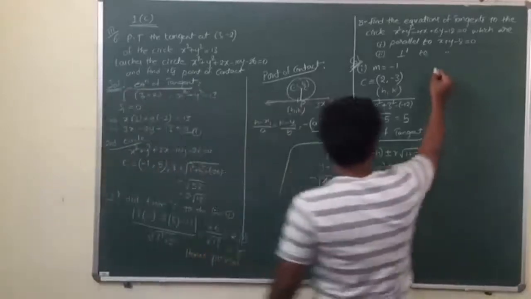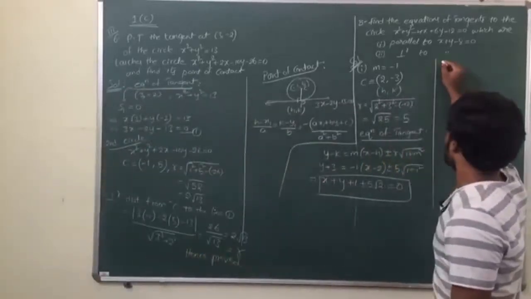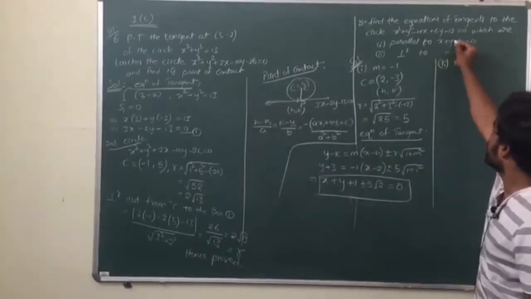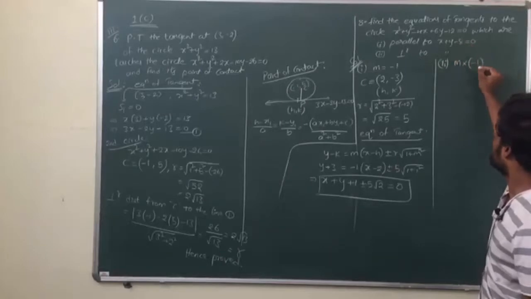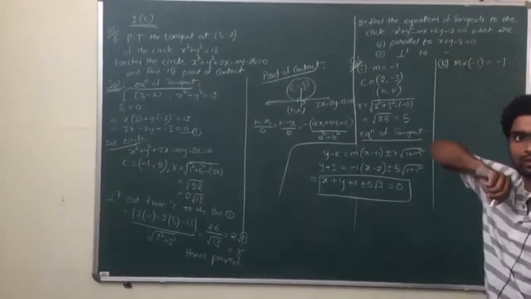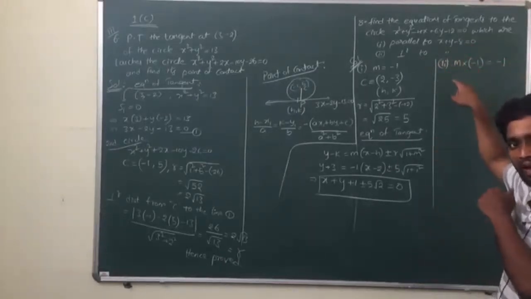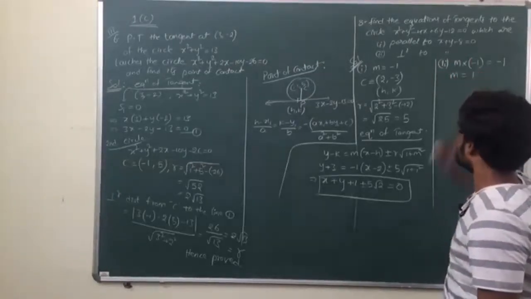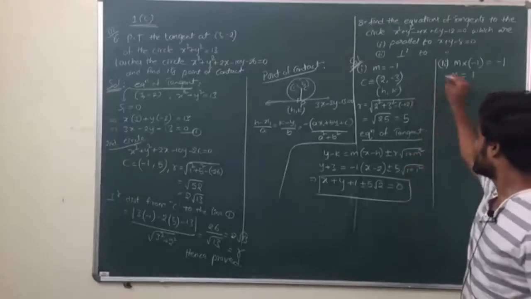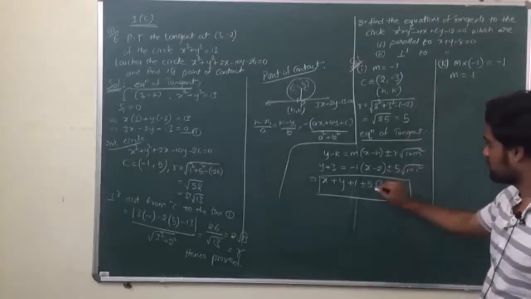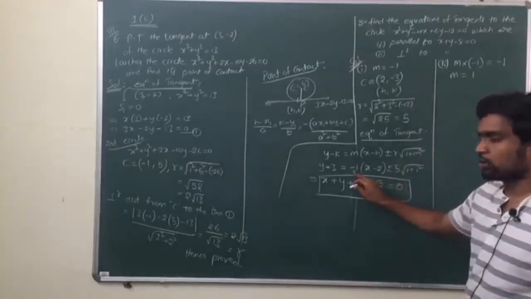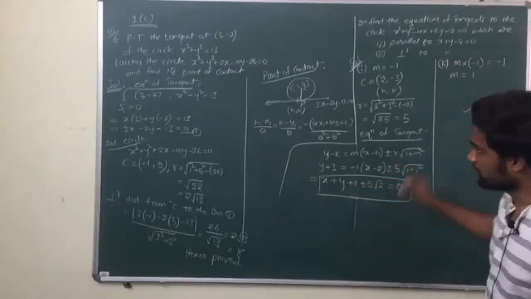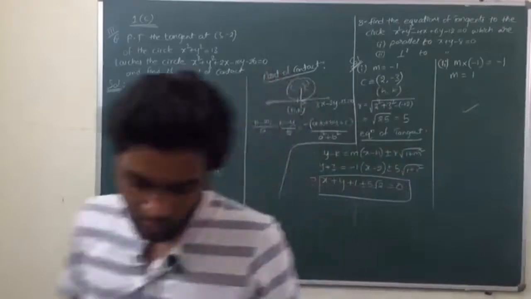And what is the next question? Second one, perpendicular. So m into, what is the slope of this one? Minus 1 should be equal to minus 1. Perpendicular means product of slopes is equal to minus 1. So m is equal to 1. Same center, same radius. Equation would be this. Instead of minus 1, you have to put 1. That's it. Same formula. Any doubts in these two questions?